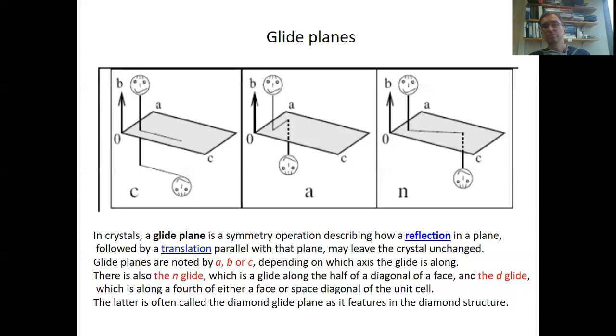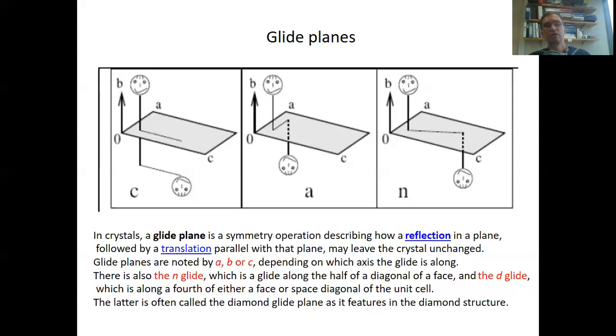An example is shown here. Here we glide within an AC plane, and we glide half of the diagonal of the face in which that AC plane lies. Then we reflect at the respective face to the other side.